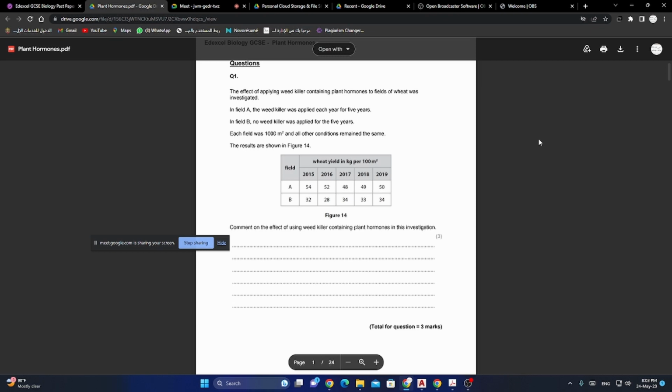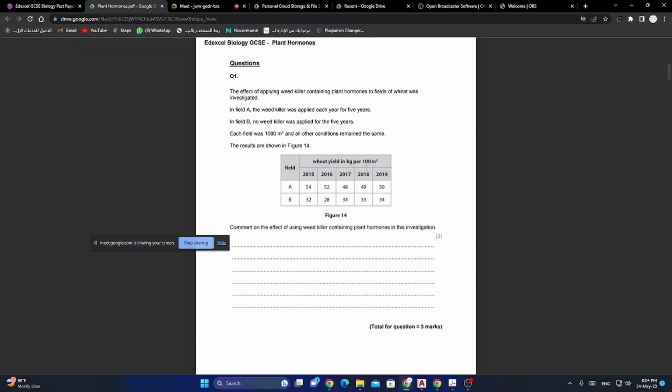Okay, so in this case, weed killer, from its name, it kills weeds, right? It doesn't kill wheat, it kills weeds. Okay, so I did not talk about this because it wasn't included in the lesson.